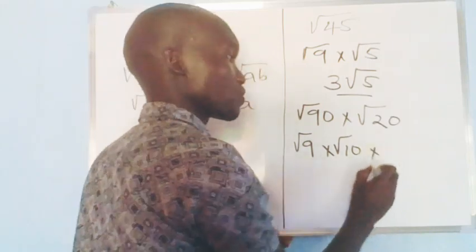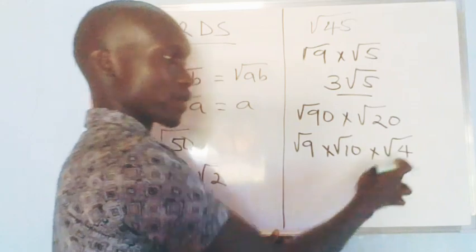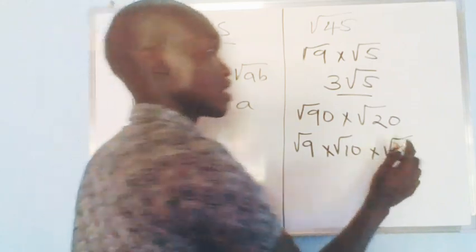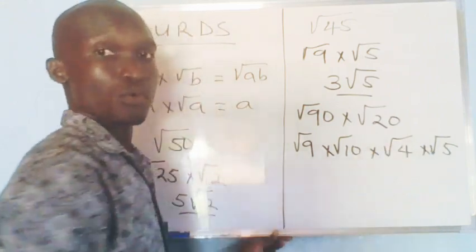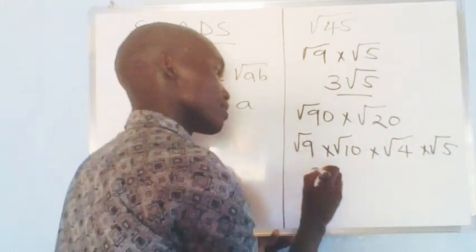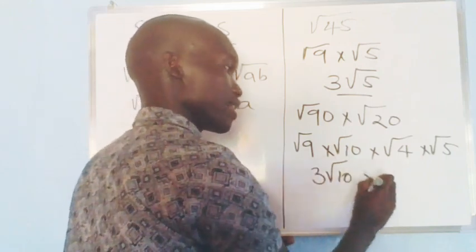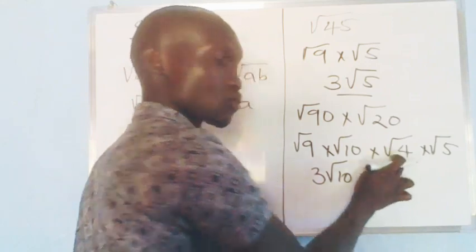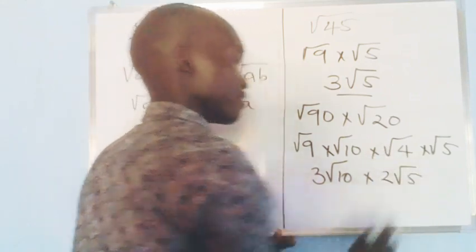We multiply this with, from 20, we can have root of 4, because we can get the square root of 4, and then root of 5, so that 5 times 4 will give us 20. Now we get the square root of 9, that will be 3 root 10, times the square root of 4 will be 2 root 5.